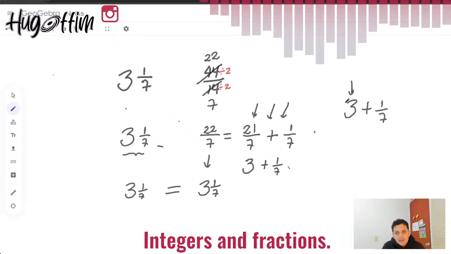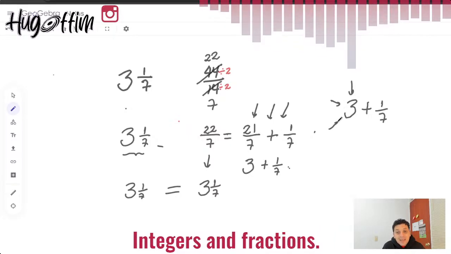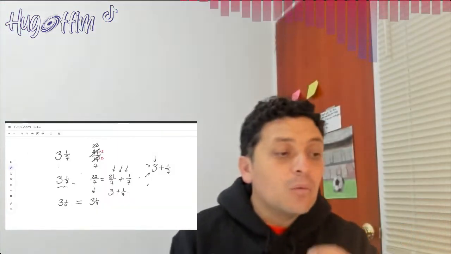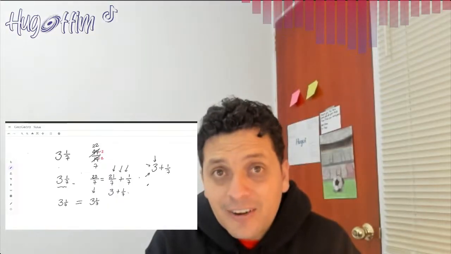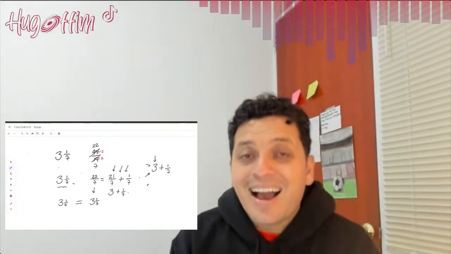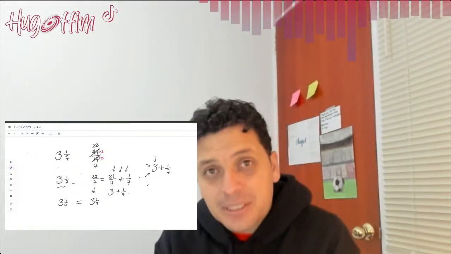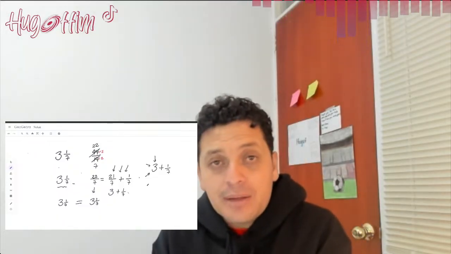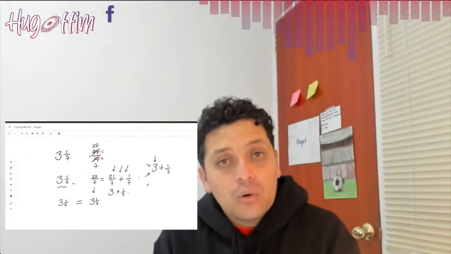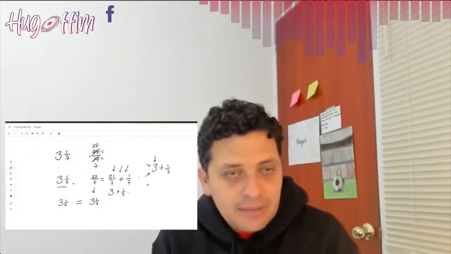But I need to rewrite 3 as a division. This is why it's very important that you have clear that a fraction is a division. Because in this case, we need to convert 3 as a division by 7. So you need to get the whole number 3 as a number that is divided by 7 and gives you 3.